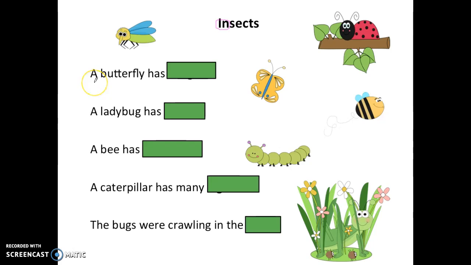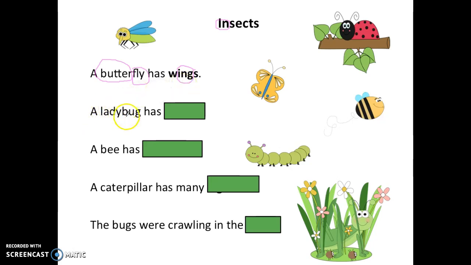Let's get started with the first sentence. A butterfly has... Do you see part of the word that you know? What does it say? A butterfly has wings. Okay, let's go down here.